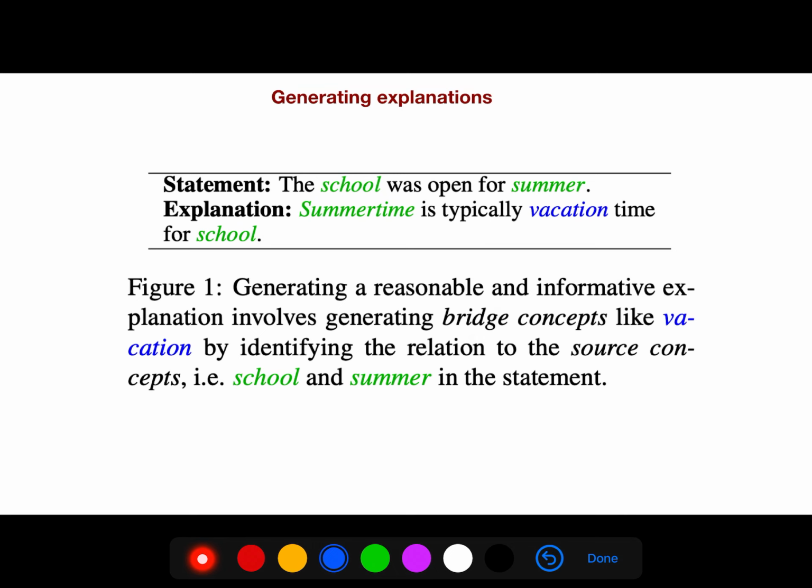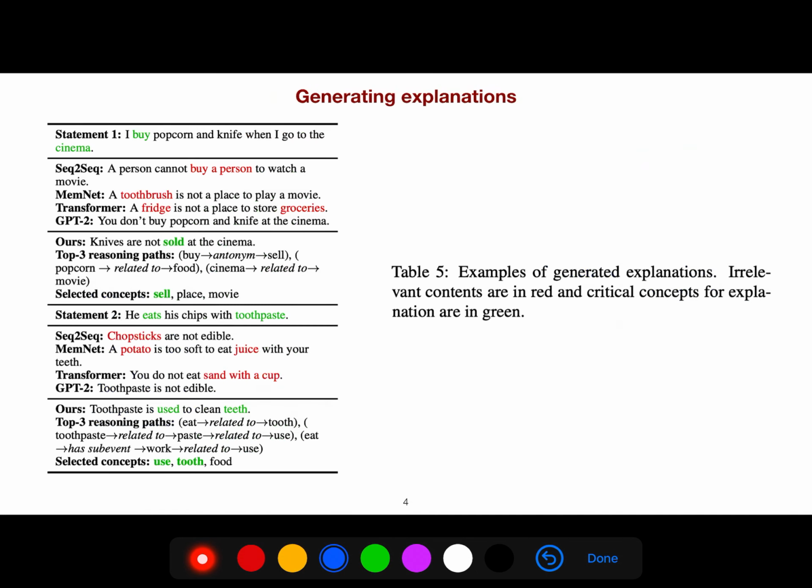This could be wrong because your explanation could say that summertime is typically vacation time, and at vacation time every school is closed. So this contradicts this one. So this argument attacks this one, in the language of argument mining. So we generate explanations.